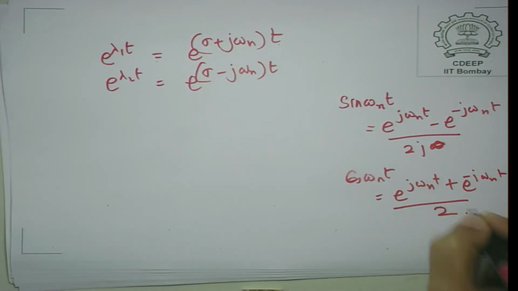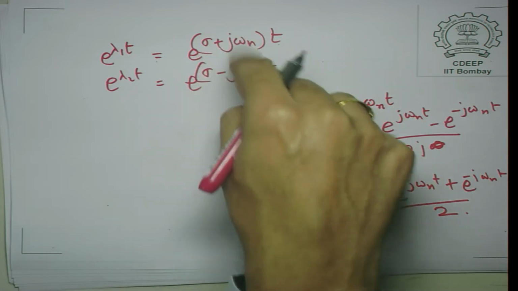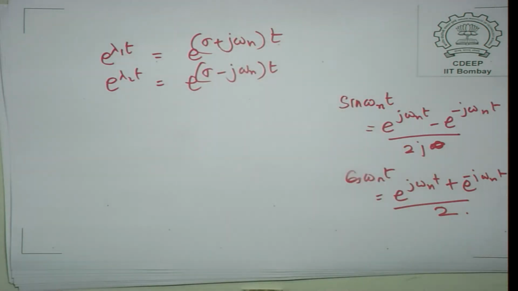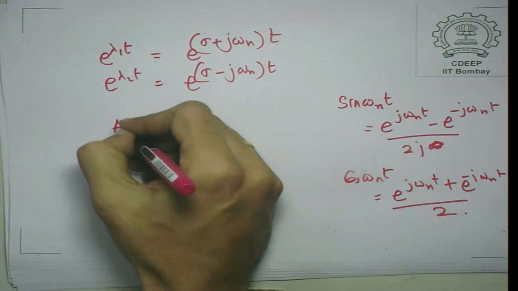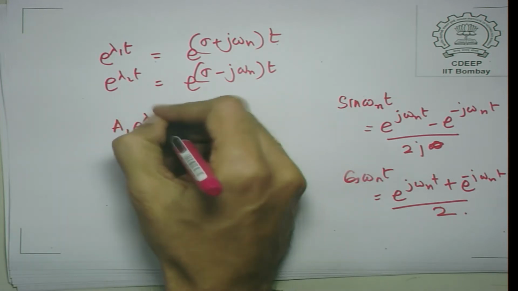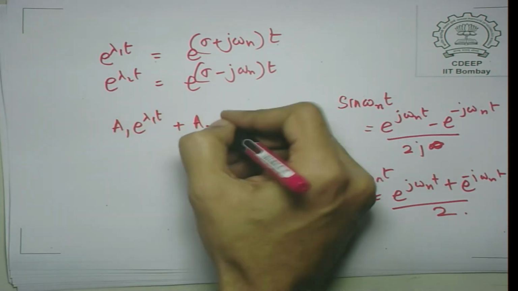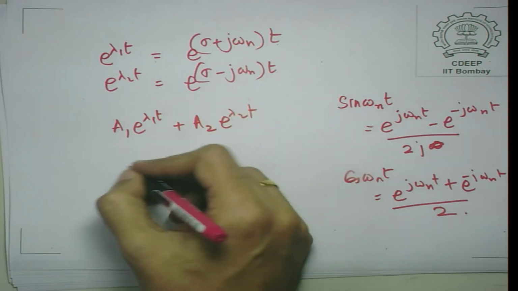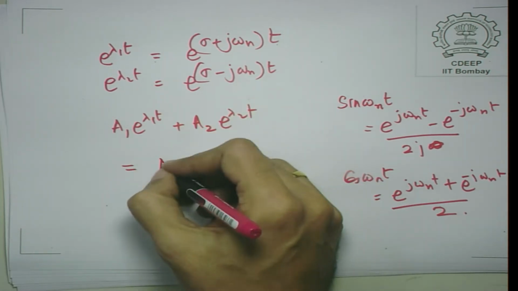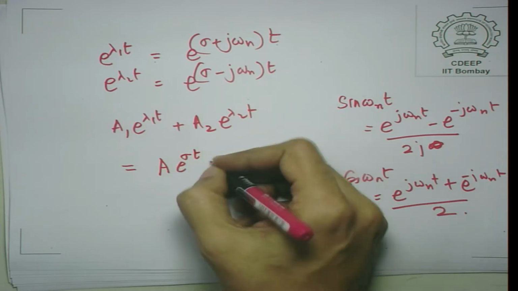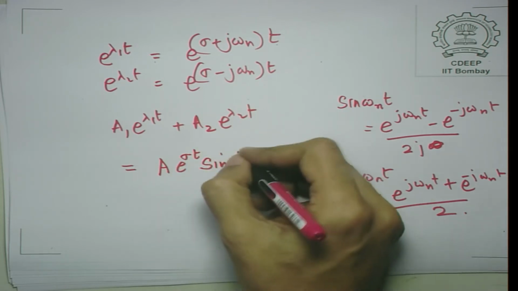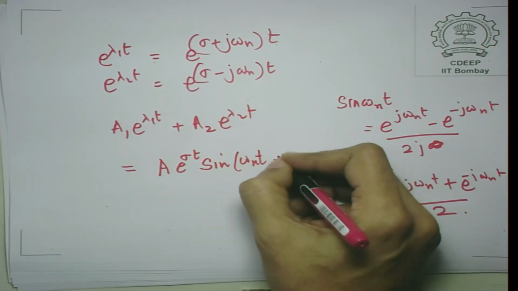By 2, because these two appear as complex conjugate pairs, and in fact the initial conditions are real, you will find that A1 e raised to lambda 1 t plus A2 e raised to lambda 2 t will come out to be some A e raised to sigma t sin omega n t plus gamma.